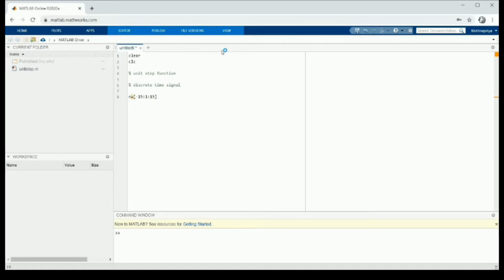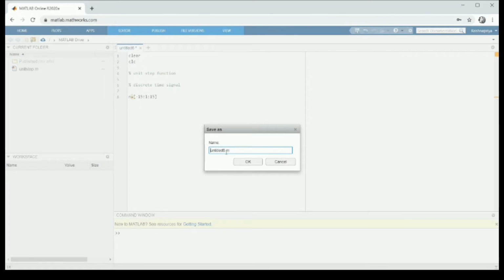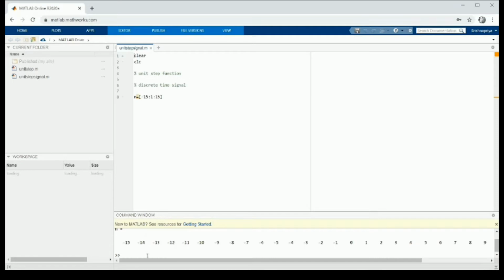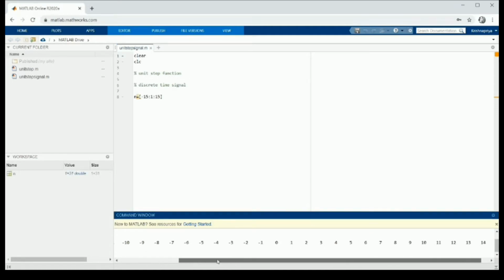To know the values assigned to n, we can simply run the file. Before running the file, we have to save the file. So here I'm giving the name as unit step signal. In the command window here, you can see the values assigned to the variable n.